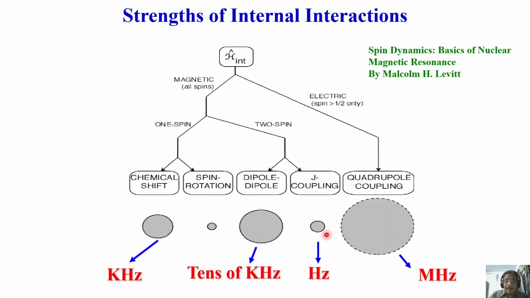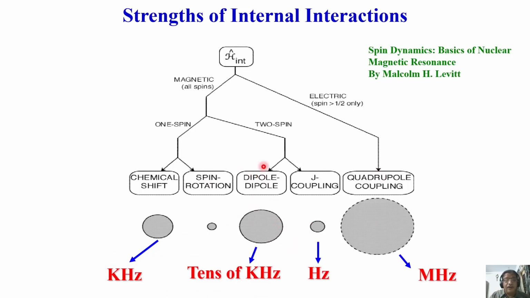And the J coupling, as I said, through covalent bond, is of the order of a few hertz. It can be 5, 10 hertz between protons, a few tens of hertz, a few hundreds between two different heteronuclei. This is of the order of a few hertz to 100 hertz. Dipole-dipole interaction, that is the through-space interaction, is of the order of several tens of kilohertz. Okay, that's very important.